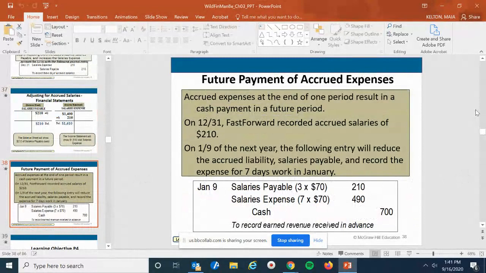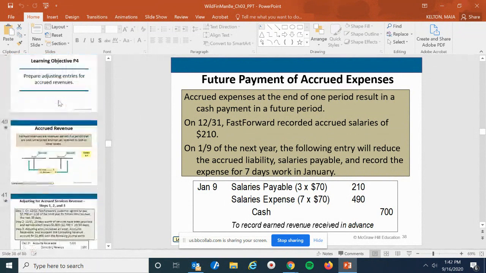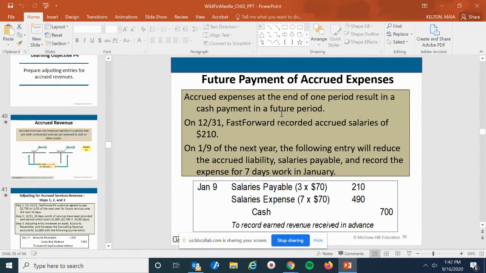Now, in the future, on January 9th, which is the Friday after, when they pay their employees, cash will be credited, and then salaries payable and salaries expense will be debited to make everything be reported in the correct period. That's a very common accrual of expenses, salaries expense.